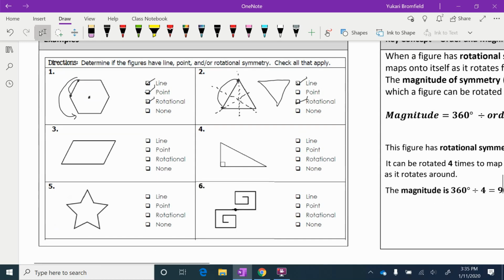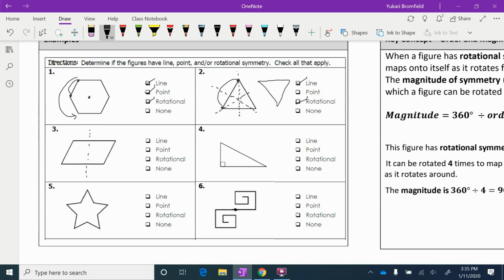And for number 3, it looks almost like it would have a line symmetry, but I can draw a line through here, and it's not the same on both sides.